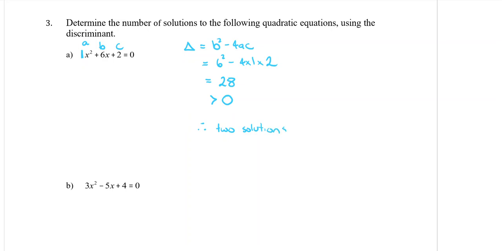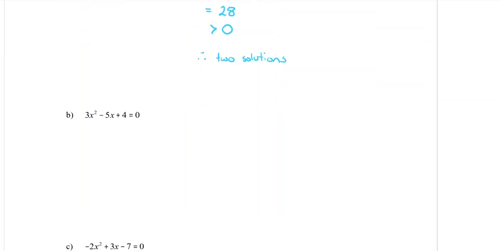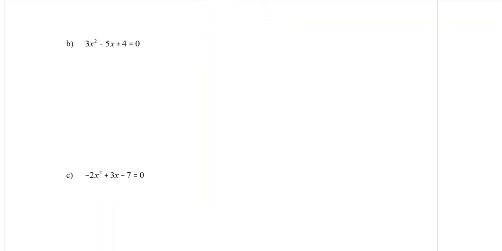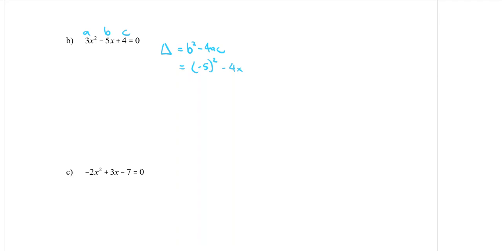And if we wanted to, we could then use the rest of the quadratic formula and actually find what those solutions are. Let's try again for b. Let's use our discriminant, which is b squared minus 4ac. And we have our a, b, and c from our equation, and sub those in. So b squared is going to be minus 5 squared, minus 4 times a, which is 3, times c, which is 4.